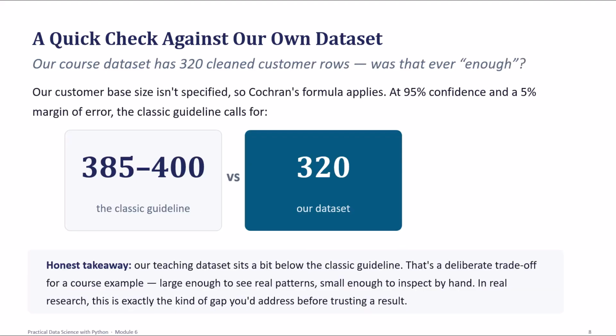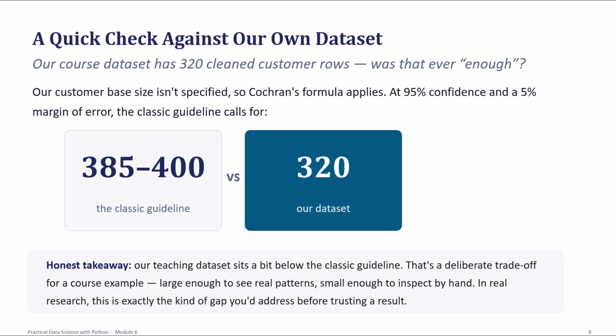So let's do a quick check against our data set. We have 320 clean customer records that we have worked with, and was that ever enough? Our customer base size isn't specified, so we don't know, because we are not actually doing proper research. So Cochran's formula applies here. At 95% confidence and a 5% margin of error, the classic guideline calls for 385 to 400.